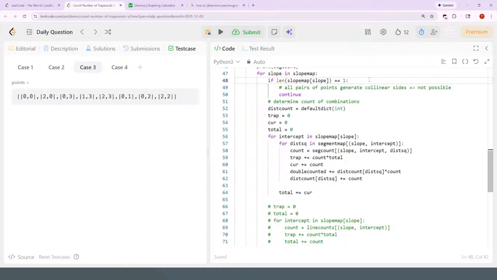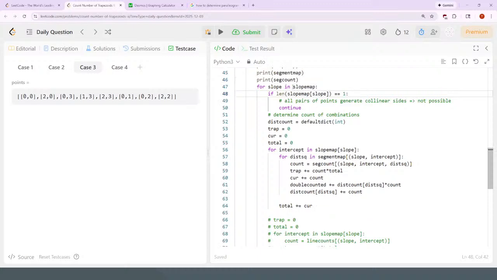Yeah, it's fine still. Here it reaches this if there's more than 1 intercept. So that means there's going to be at least something formed trapezoidally.